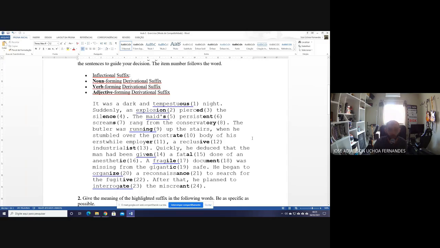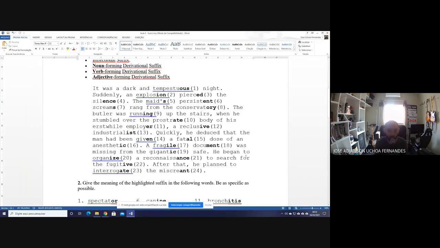Okay. So I'll give you like 10 minutes to take a look at this text. The extract is: it was a dark and tempestuous night. Suddenly, an explosion pierced the silence. The maid's persistent screams rang from the conservatory. The butler was running up the stairs when he stumbled over the prostrate body of his erstwhile employer, a reclusive industrialist.